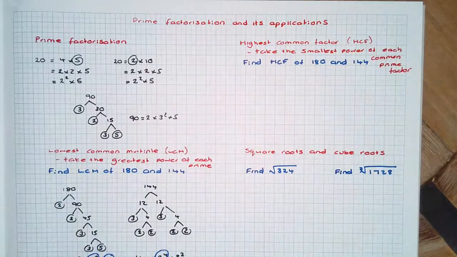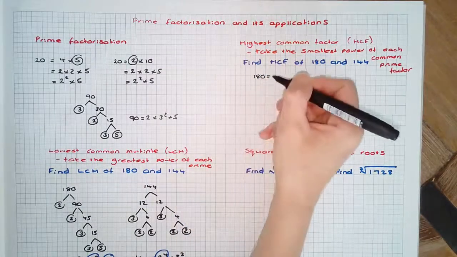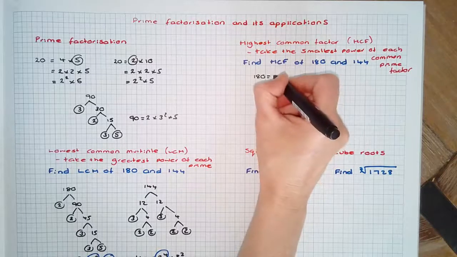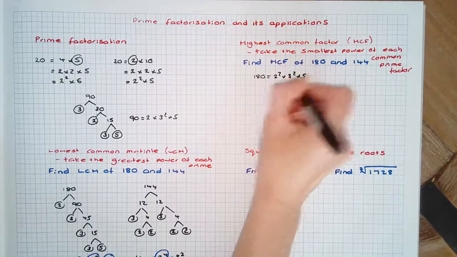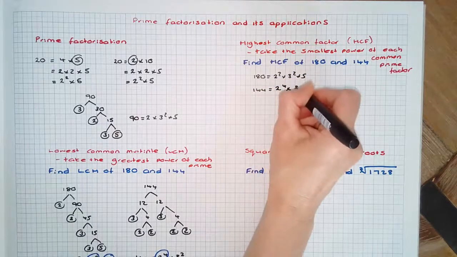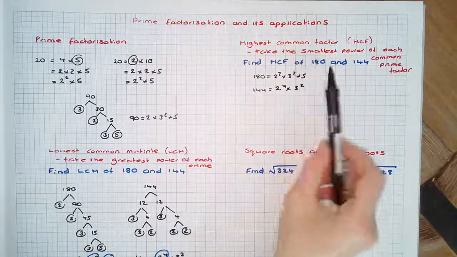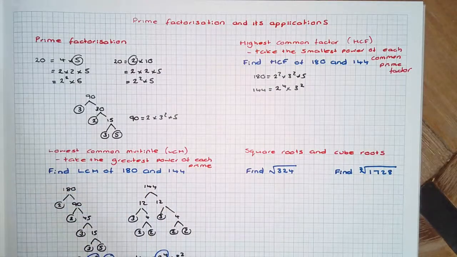So using the same numbers, 180 and 144, I'll just rewrite the prime factors here. 180 was 2 to the power of 2 times 3 to the power of 2 times 5, and 144 was 2 to the power of 4 times 3 to the power of 2. And we're taking the smallest power of each common prime factor.